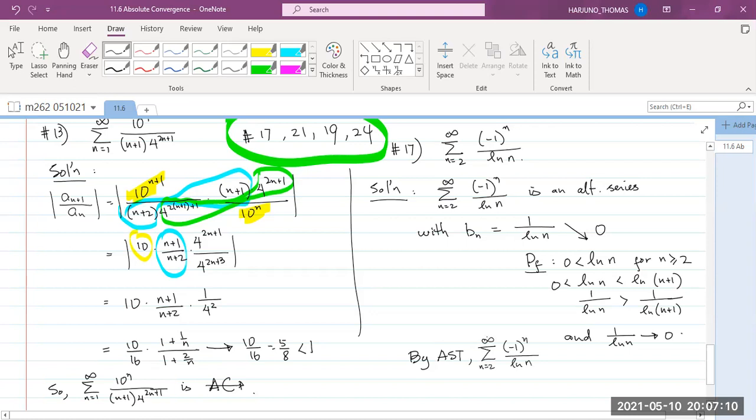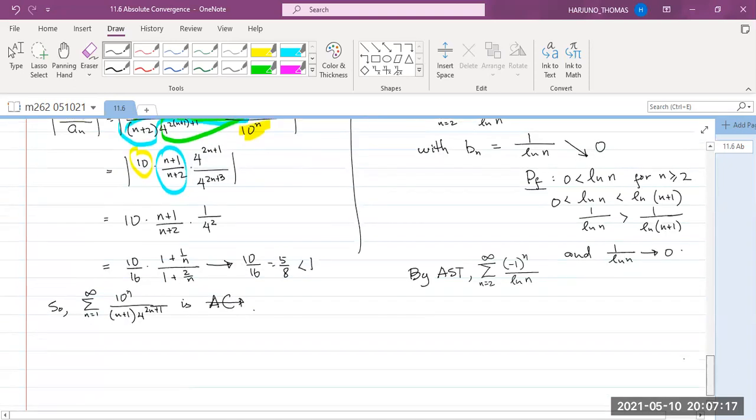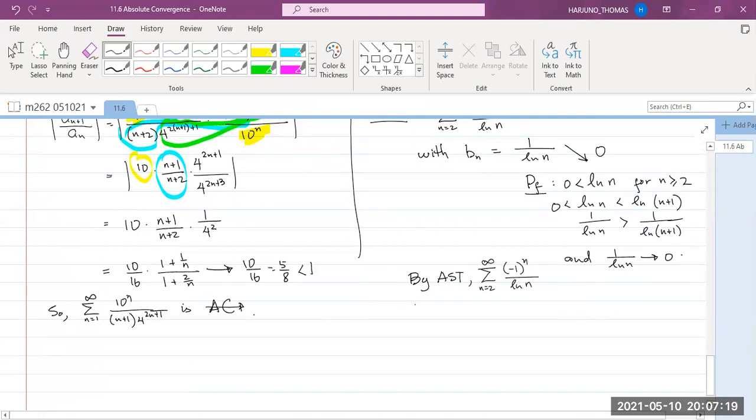The problem is, will that converge absolutely or conditionally? Take a look at the absolute value. The series from 2, the absolute value of -1 to the n over ln n equals the series of 1 over ln n.